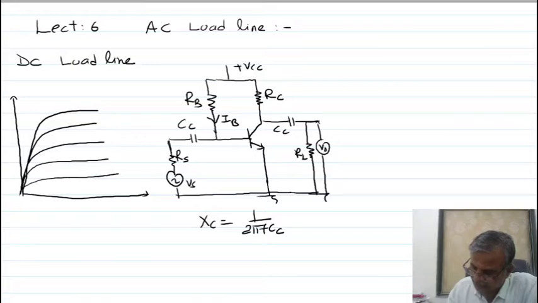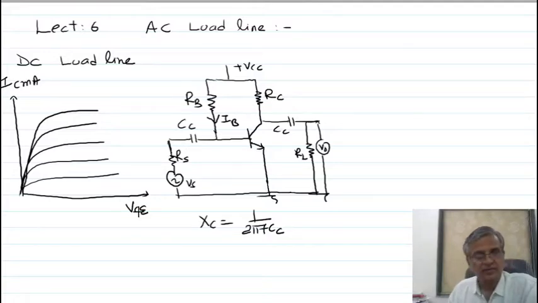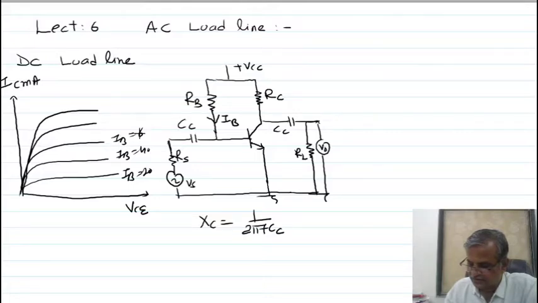This is the output characteristics of a common emitter. This is the base current: let me say 20, 40, 60, 80 and 100 microampere. This is your VCE voltage.